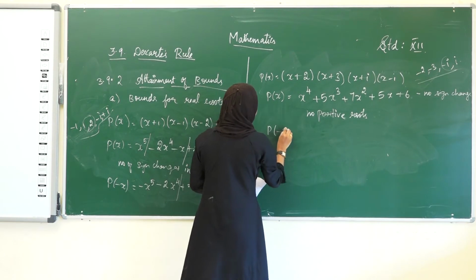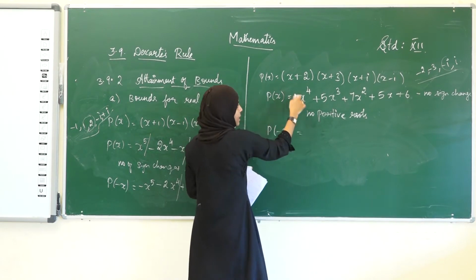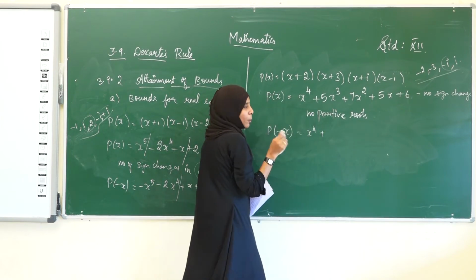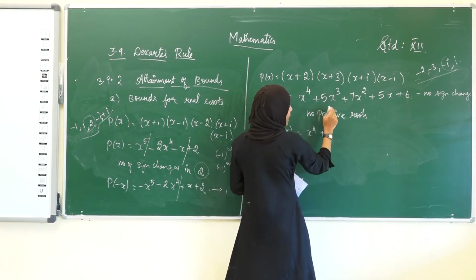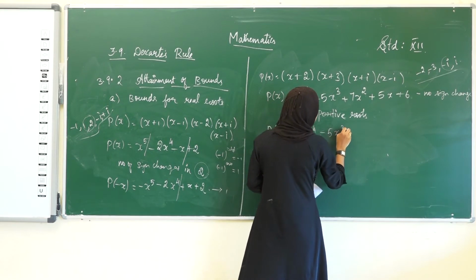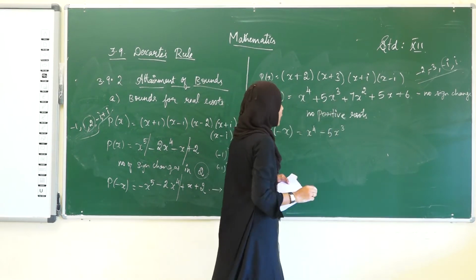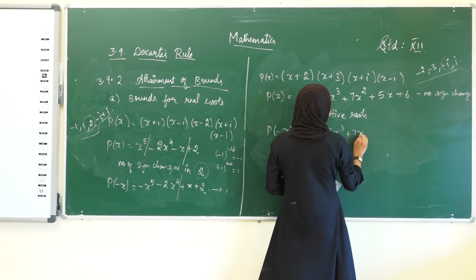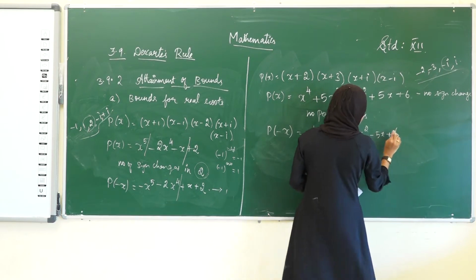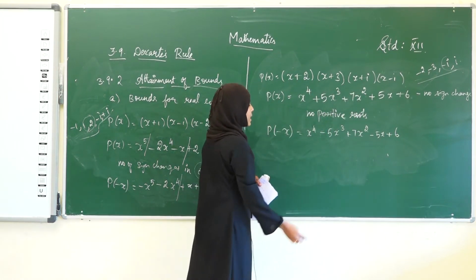Now, let us find p of minus x. Minus x the whole power 4 is x power 4, since 4 is even, positive, plus 5x cube minus, x the whole cube will be minus 5x cube, since cube is an odd power, plus 7x square minus 5x plus 6. See the sign changes here.